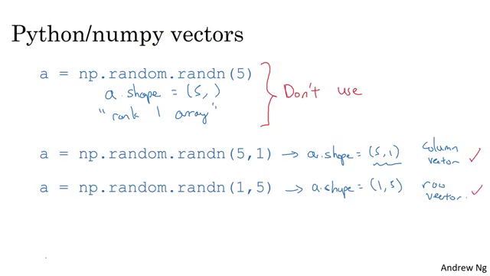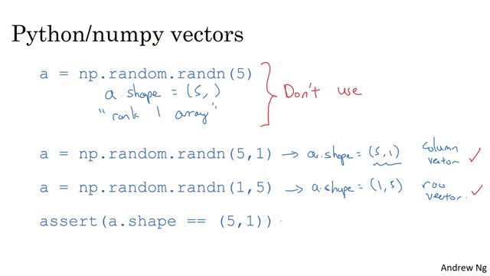One more thing that I do a lot in my code is if I'm not entirely sure what's the dimension of one of my vectors, I'll often throw in an assertion statement like this to make sure, in this case, that this is a 5 by 1 vector, so this is a column vector. These assertions are really inexpensive to execute, and they also help to serve as documentation for your code.